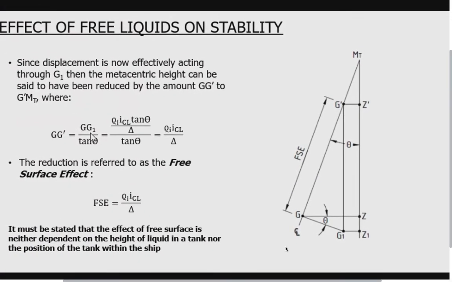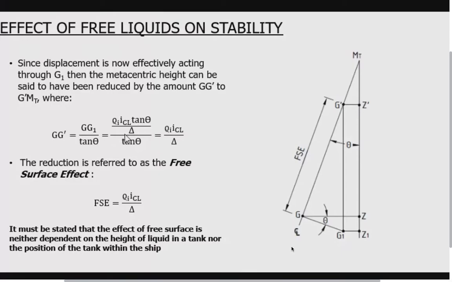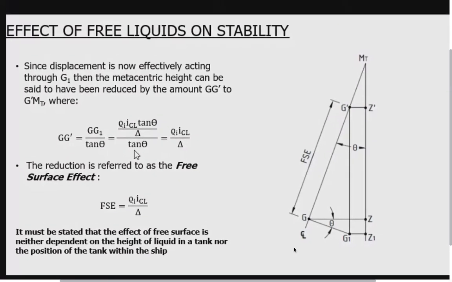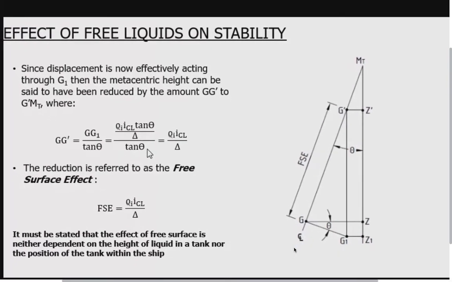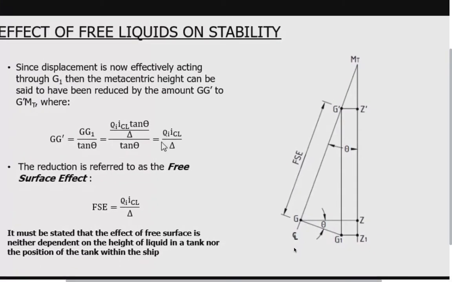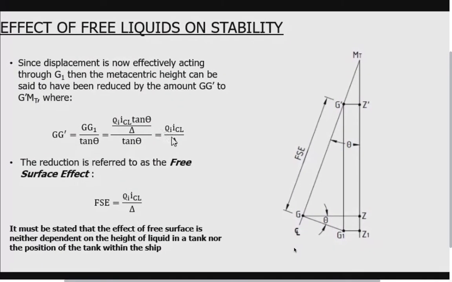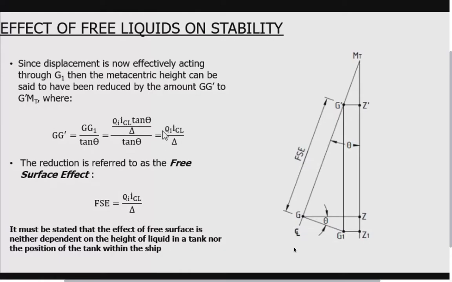You already know that JJ1 is this, so you put that one there. This very tan theta cancels, and you have the density of the free surface liquid, second moment of inertia of the liquid, all over the mass displacement.